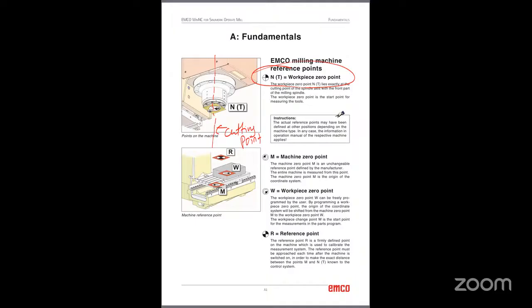That means the center, the cutting point of the spindle axis, lies exactly at the front part of the milling spindle. This point is the start point for measuring the tools.